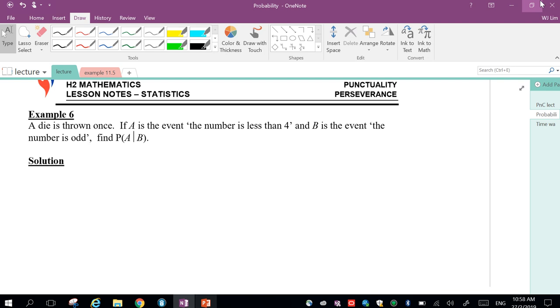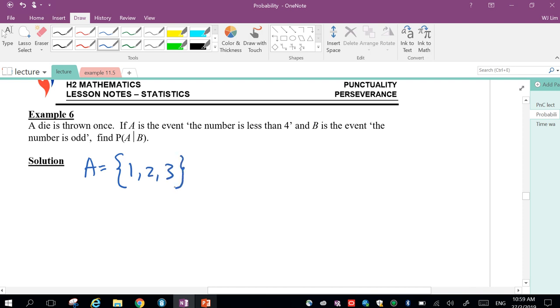A die is thrown once. A is the event that the number is less than 4. B is the event that the number is odd. Find A given B. First thing first, I list out my event A. What numbers are less than 4? 1, 2, or 3.